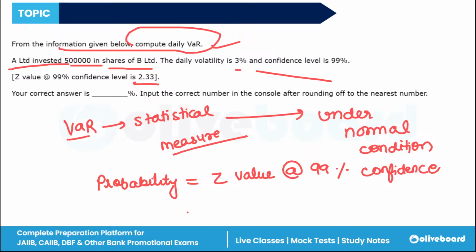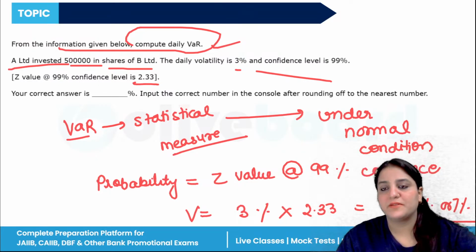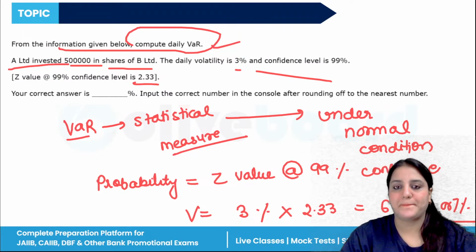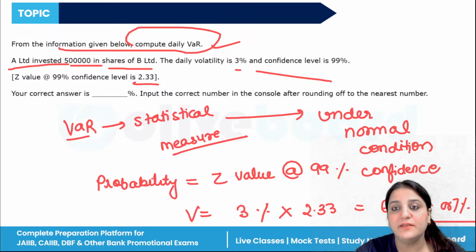So here I can write it as 3% of 2.33, which is equal to 6.99%, or after rounding off it is 6%. Clear? So that's the way to calculate this daily volatility.